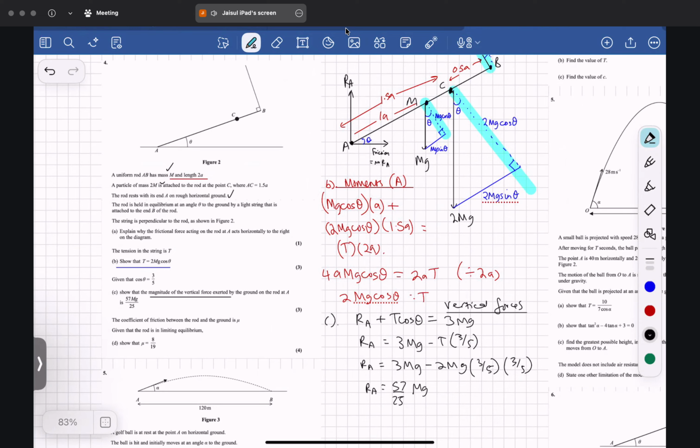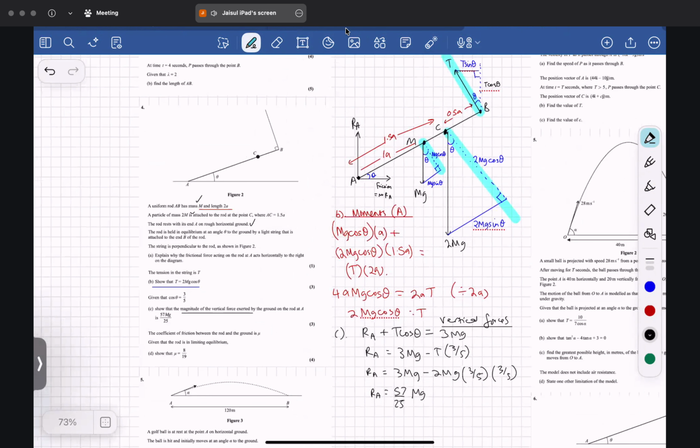Okay. So that's 7 marks for that, 8 marks for that. And then the final one is 4 marks. It says something about the friction and it says work out mu. So part D is just going to be resolving forces left and right. Do you want to try this one yourself?